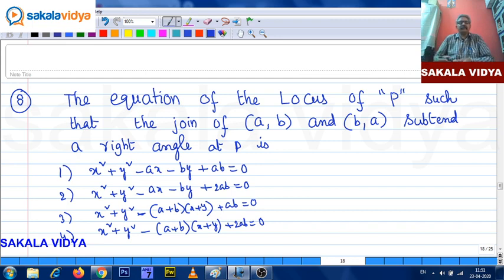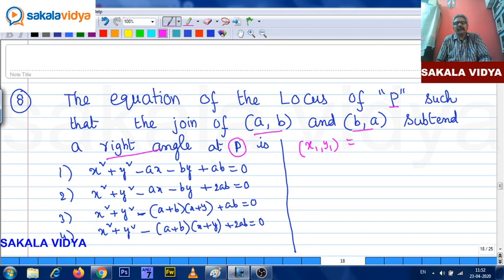Now here we need to apply it like this. The equation of the locus of P such that the join of (a, b) and (b, a) subtend a right angle at P. That means say (x1, y1) equal to (a, b), and (x2, y2) as (b, a). These two become end points of a diameter of a circle.